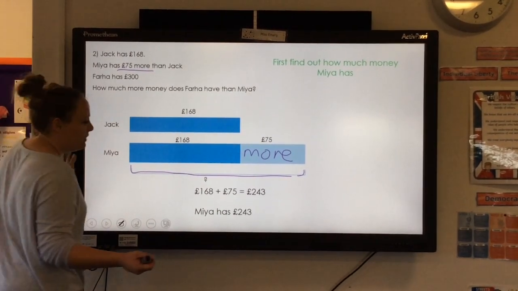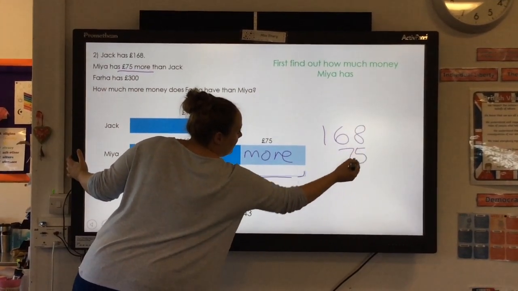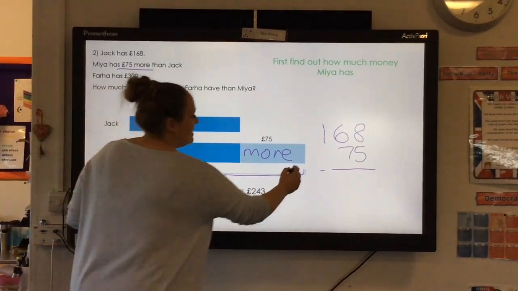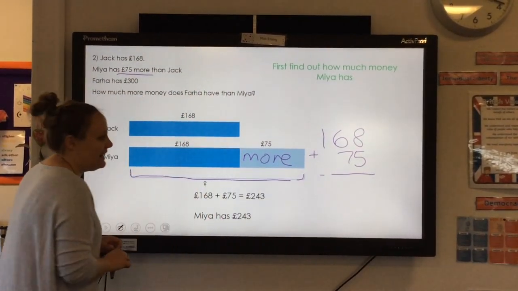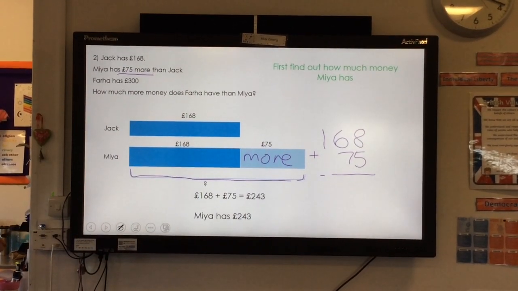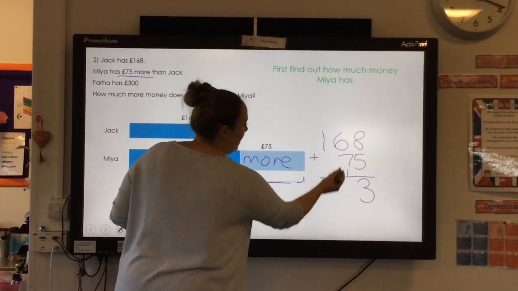Now this would be a good one to do with your formal method. 168 add 75. Now we start in the ones column. 8 add 5, count on if you need to, gives us 13. Now we need to add up the tens.